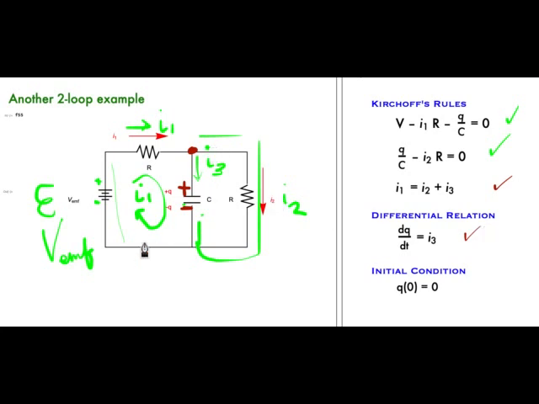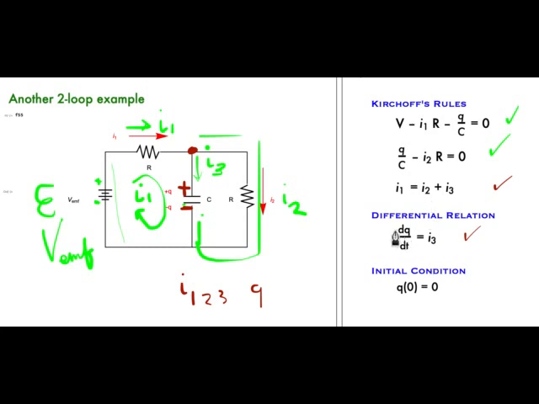I guess I really should say I have four unknowns. The unknowns are I1, I2, I3, and Q. So I have four quantities to solve for, and I'm going to need four equations. So I have three equations from Kirchhoff's rules plus this differential relation.